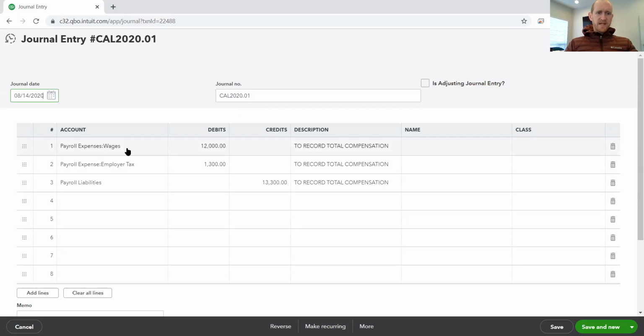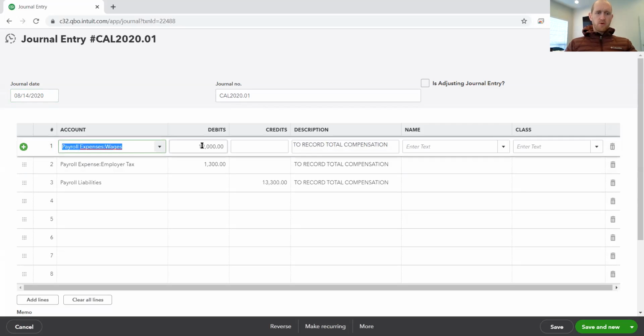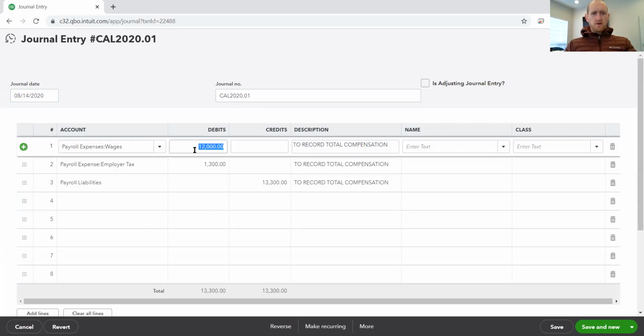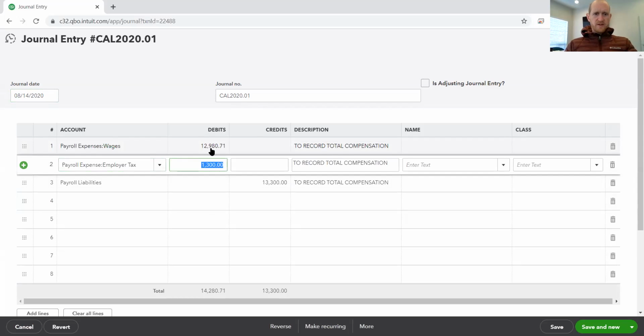And then the next thing I do is you can put in all the gross wages. So this is an example that I did earlier. Gross wages, that actually, according to our journal entry, was $1,280.70. And then the employer taxes were actually $1,300.